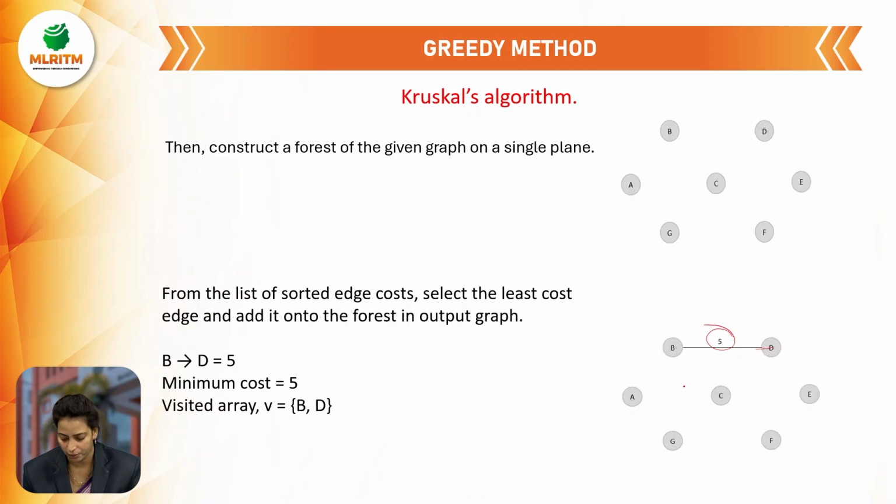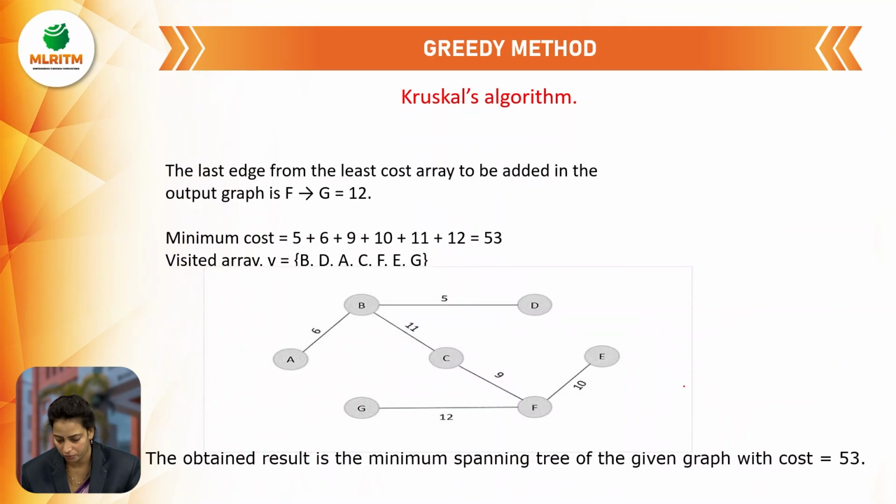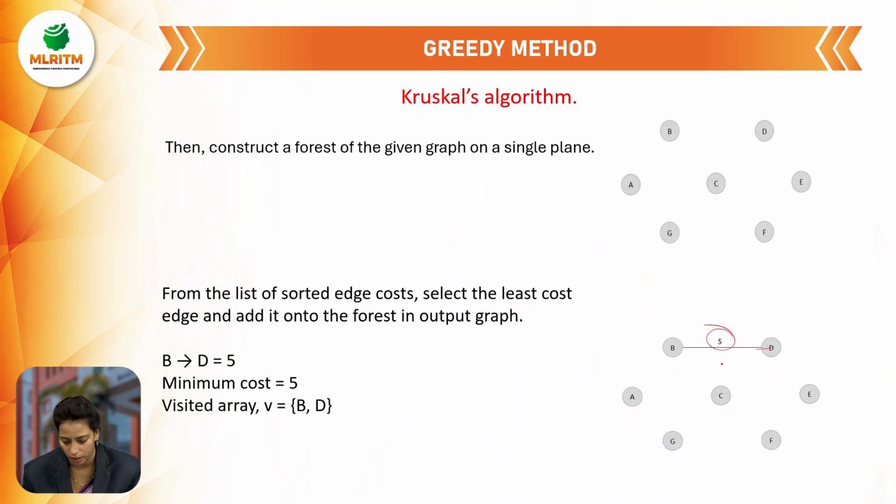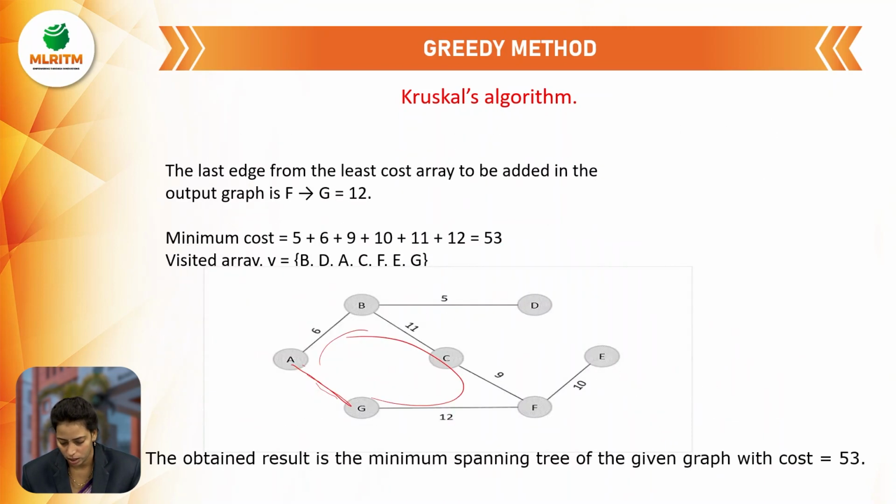Next, A to G, 15. A to G is 15. For example, if we consider this edge into the spanning tree, it forms a cycle, right? So discard this edge, A to G. Next, consider C to D. If we consider this edge into the spanning tree, it forms a cycle.